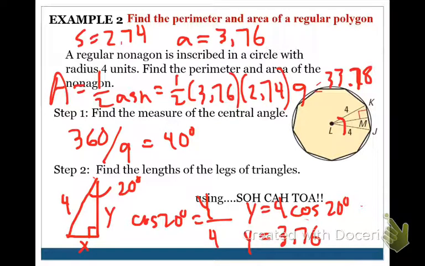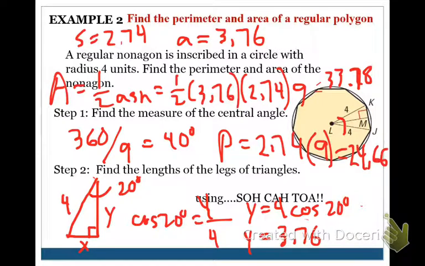Now the perimeter, let's do the perimeter. The perimeter is going to equal the side length, 2.74, times 9. What do we get for the perimeter? 2.74 times 9. 24.66. All right. So the top one would be units squared.